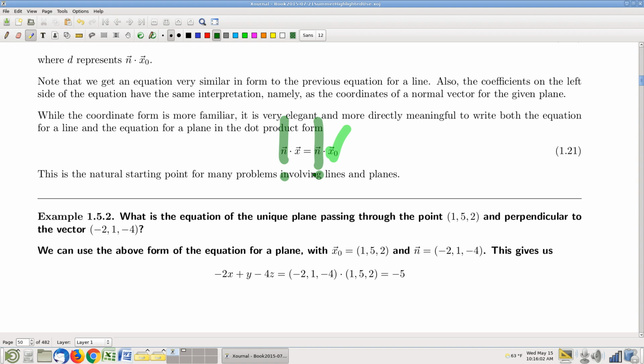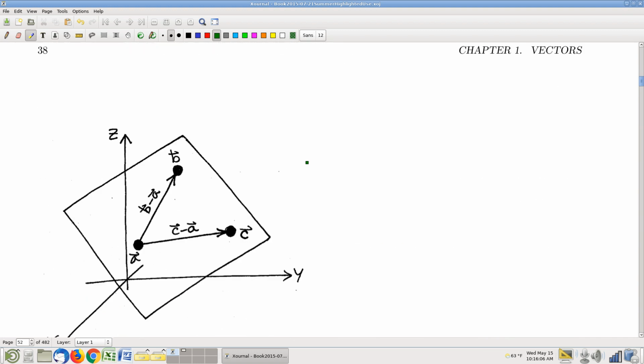Well, no, I'm just going to have to do a little bit of additional effort to figure out what that normal vector is. The idea is that if you were given 3 points in the plane, then a little bit of geometric creativity allows you to find a normal vector. So here's how that geometric creativity goes. Pairwise, I can take differences like so. If the points that are given are in the plane, then these differences are parallel to the plane.